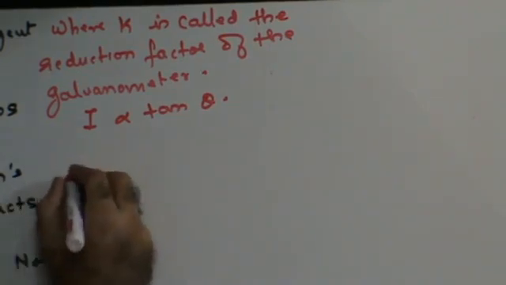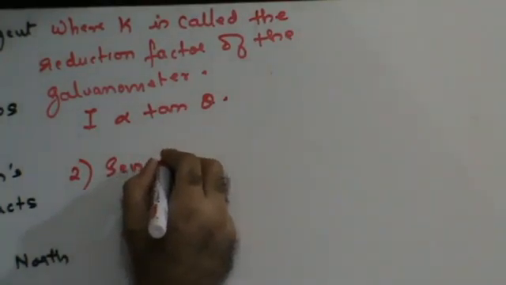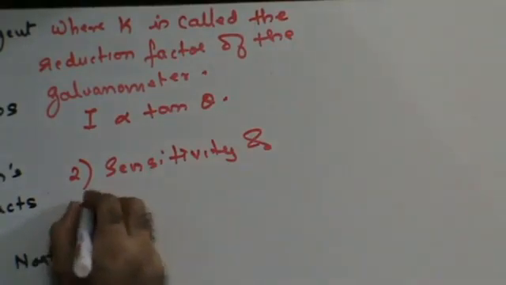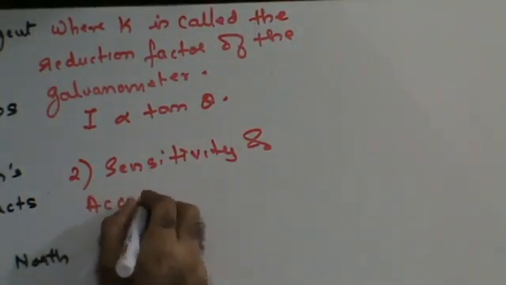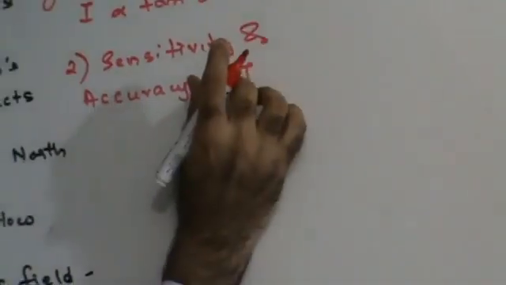Next, let's try to find out the sensitivity and accuracy of a tangent galvanometer. We've already done this, right? The galvanometer is said to be sensitive if it gives large deflection for small current passing through it.